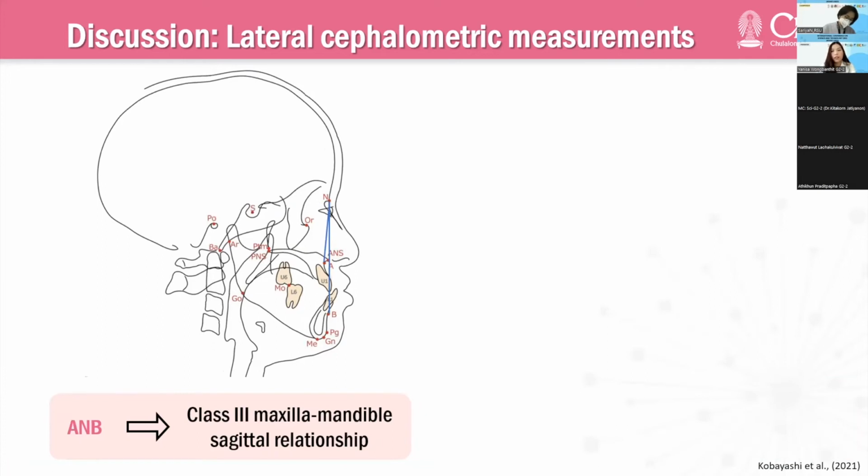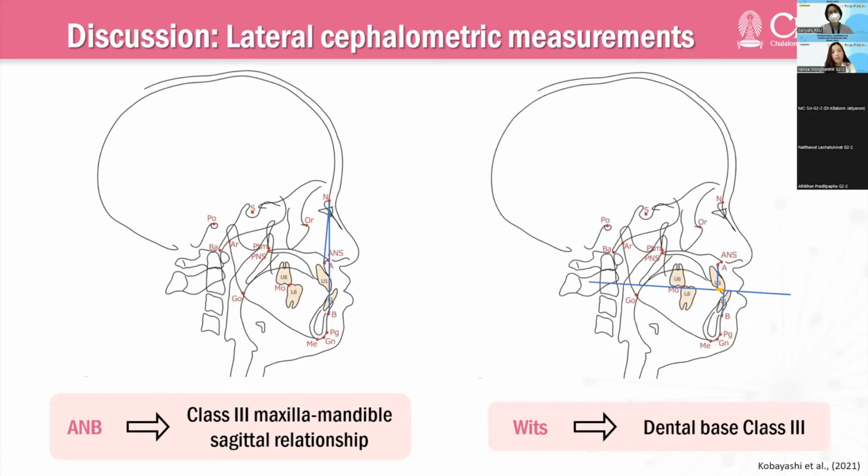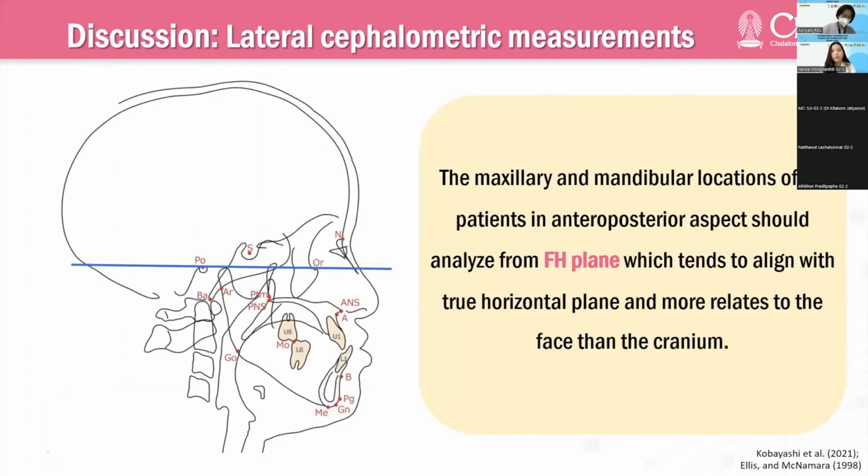Next is the relationship between the two jaws. Class 3 maxilla-mandible sagittal relationship was measured by ANB, and Wits measurement also shows that patient 1 and patient 2 both have dental base class 3.